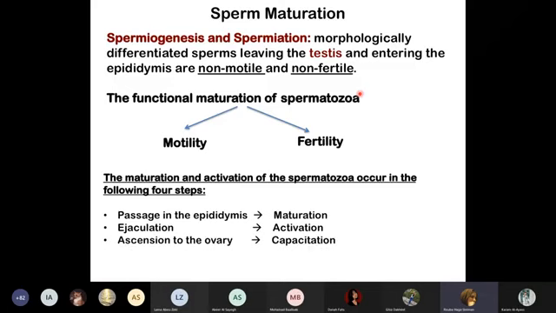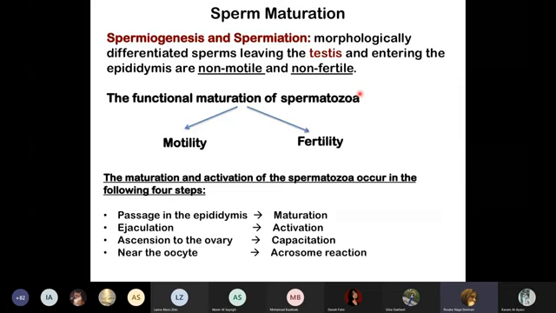When it goes into the female reproductive system, it will furthermore undergo capacitation, which means removal of what they acquired in the epididymis. The proteins that were bound to its head to provide rigidity will be lost during ascension to the ovary. This is capacitation, which is very important for fertilization.